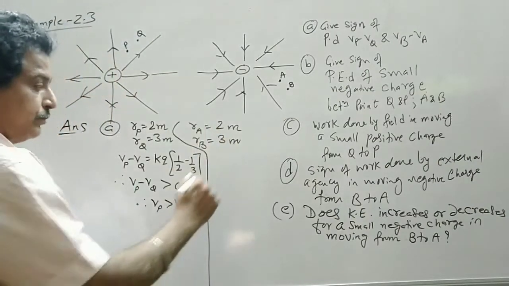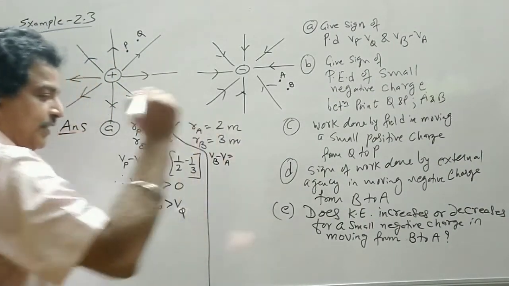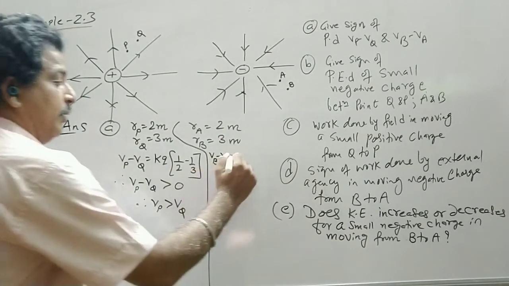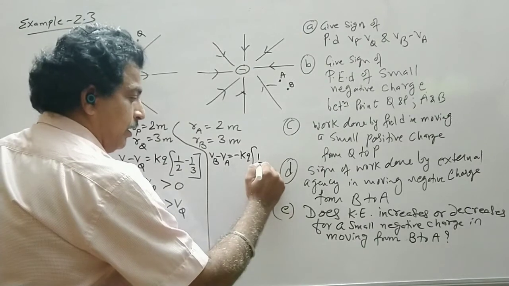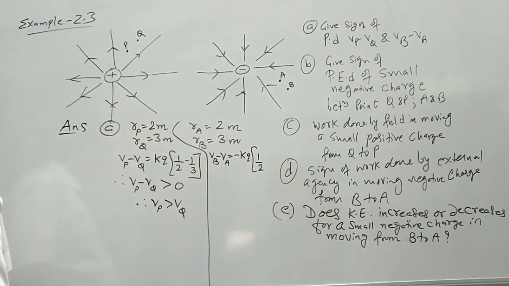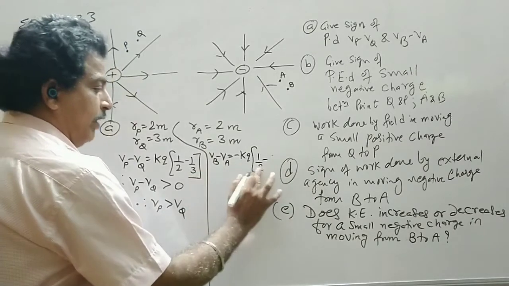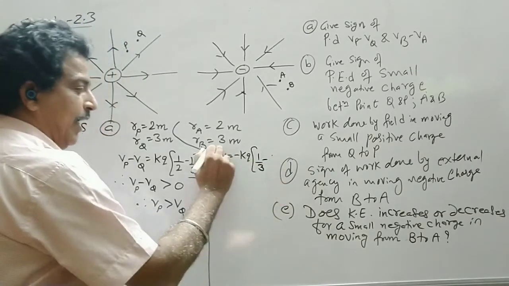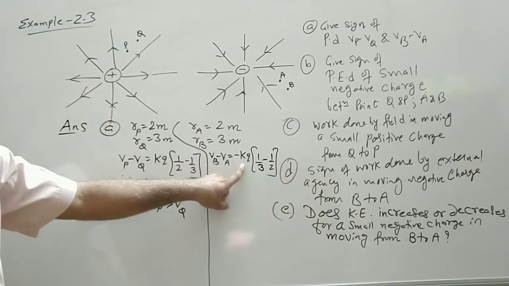For this, VB minus VA is equal to KQ times 1 upon 2 minus 1 upon 3, that is 1 upon RA minus 1 upon RB, where the source is negative.